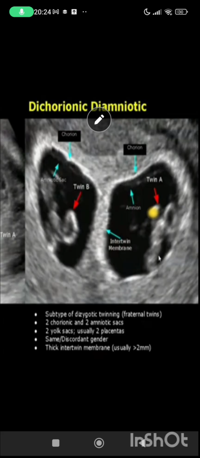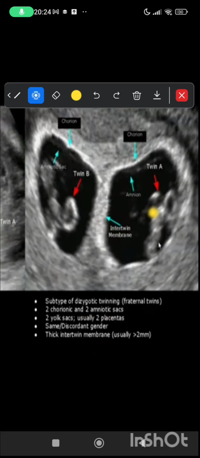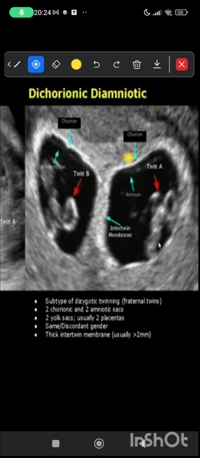As we can see here, two gestational sacs, and in each sac there is further an amniotic sac and a twin, and between them we can see a thick dividing membrane.